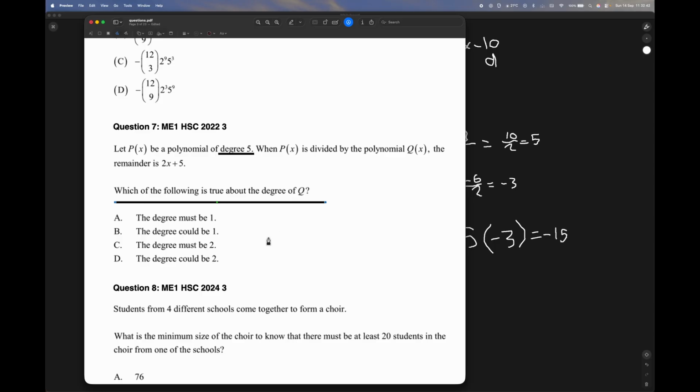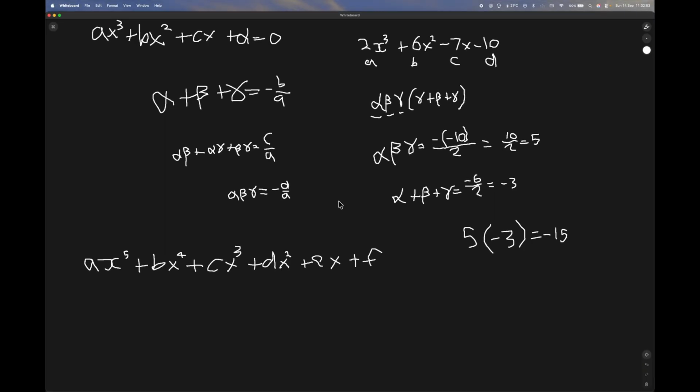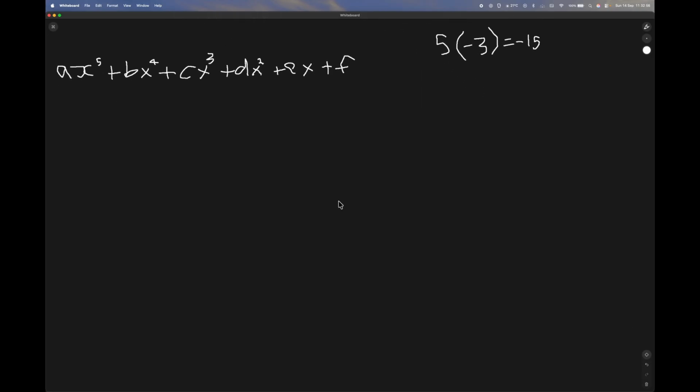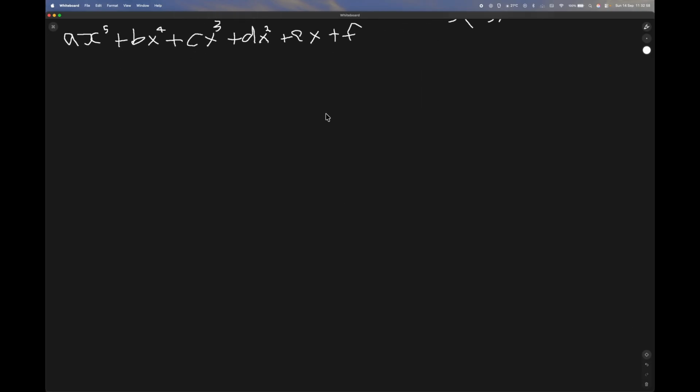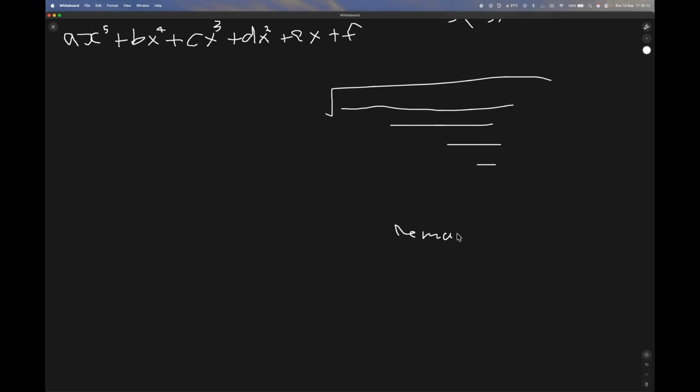Okay, so here's what we know. For the degree of Q to be 1, the remainder would be constant. So if we do our polynomial long division, as we go down, the remainder must be equal to a constant.